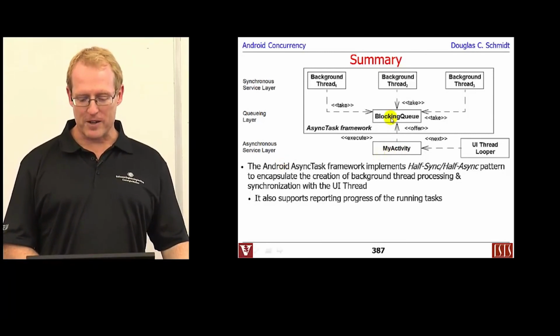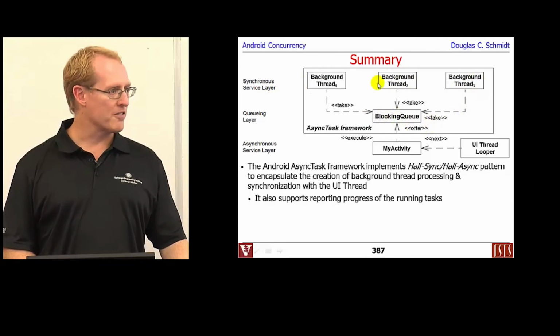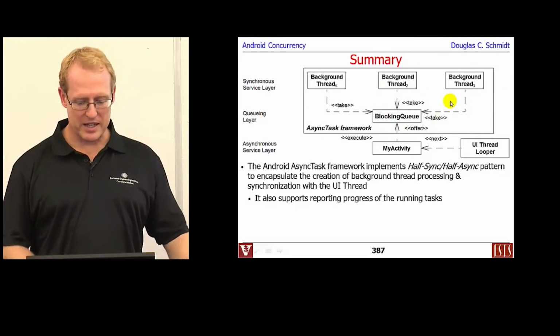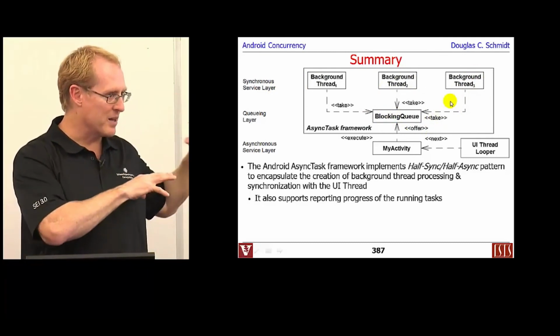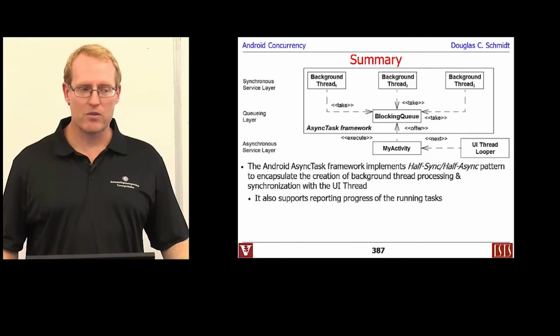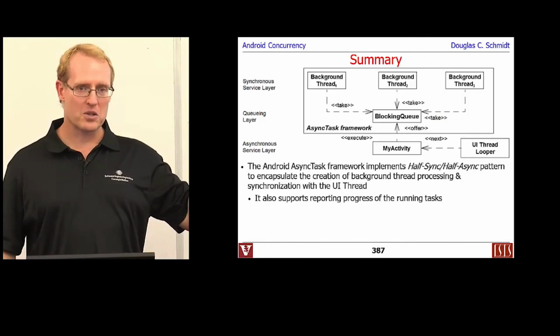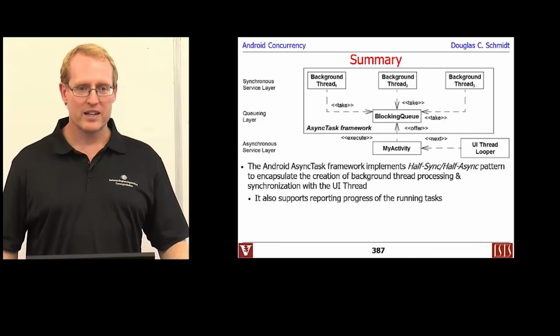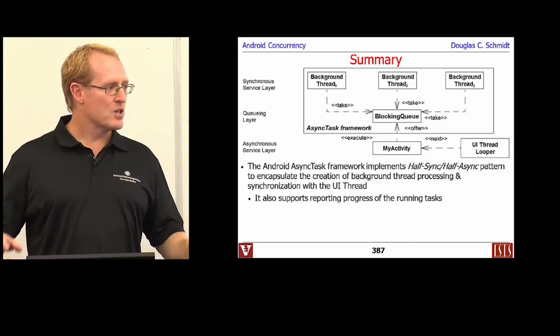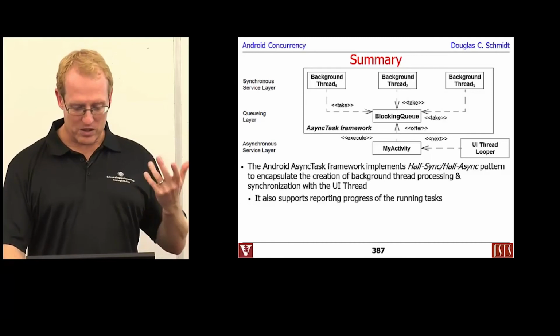And then we're offering stuff into the blocking queue, which is part of the AsyncTask framework. And then these background threads are pulling stuff off the queue, processing it, and eventually passing data back to the UI thread through that internal handler mechanism that's used to synchronize messages between the background threads and the foreground threads.